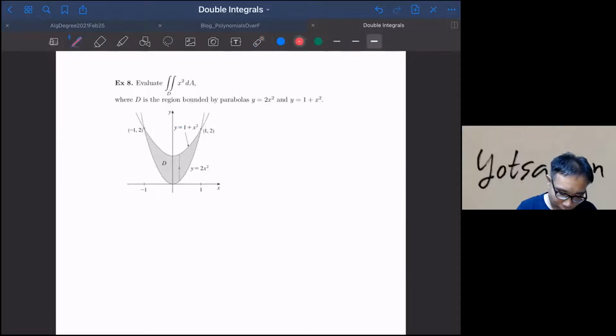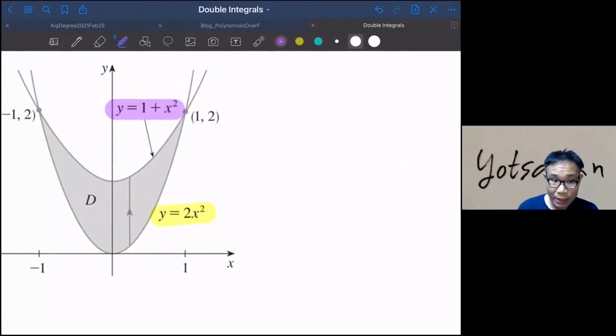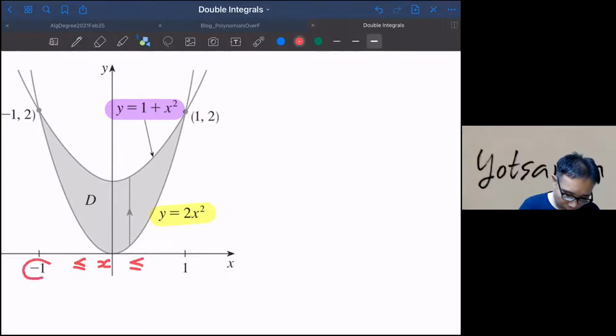You have y between two curves, this one is the yellow one and this one is the purple one as before. Let's take a look at this a little bit bigger, and you see that x lies between negative 1 and 1.